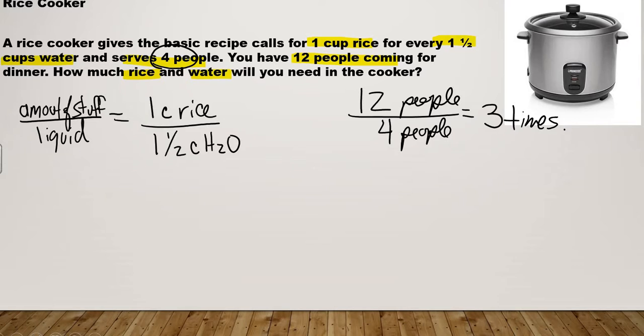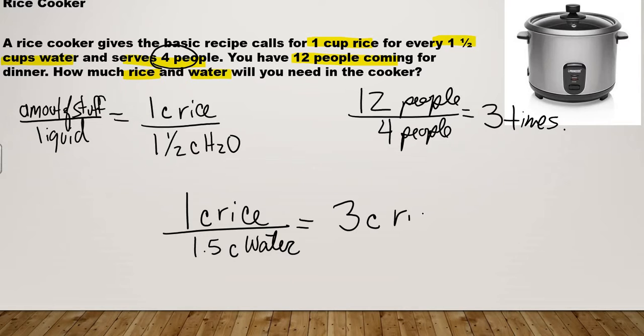So now I already know if I'm going to triple the recipe, that means I use this proportion, 1 cup rice to 1.5 cups water. And now I'm going to triple the recipe, so I'm going to have 3 cups rice to an unknown amount of water, because that's what I want to calculate.